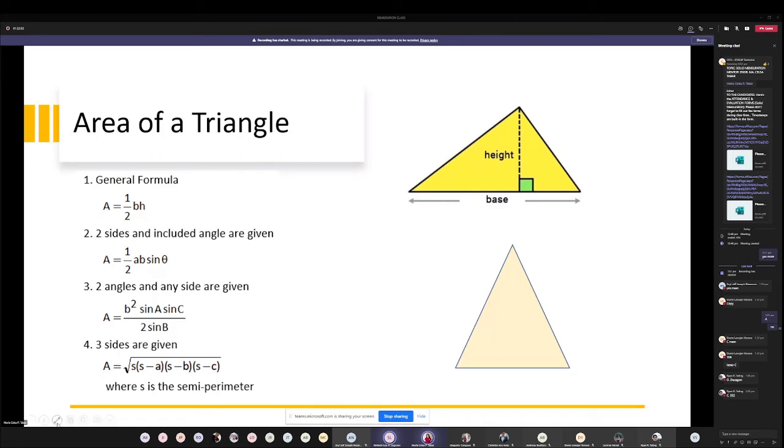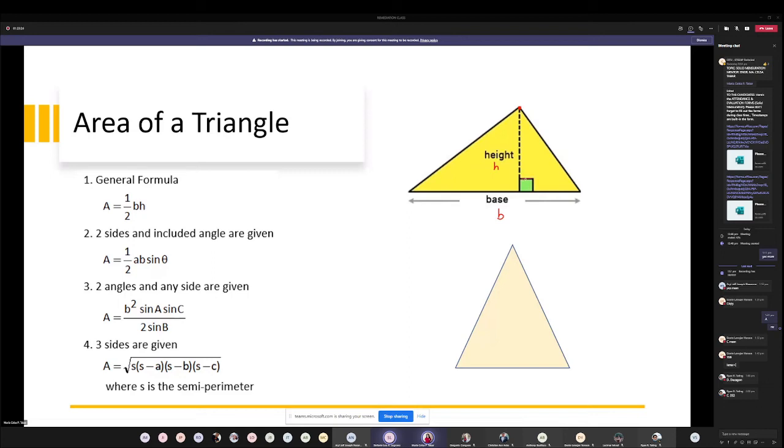On the first picture on the right side of the screen, we have the height, which we usually label as H, and the base, B. If we choose this bottom side as the base, then the height is the line segment drawn from the opposite vertex to the base, and it should be perpendicular to the base.